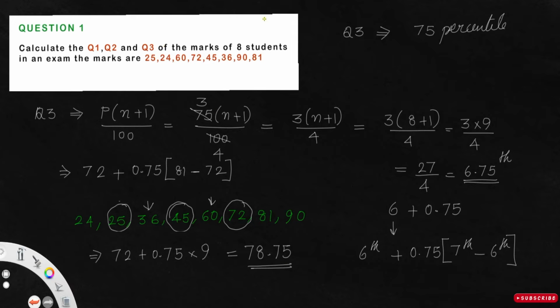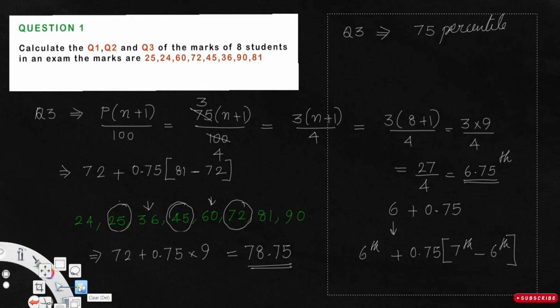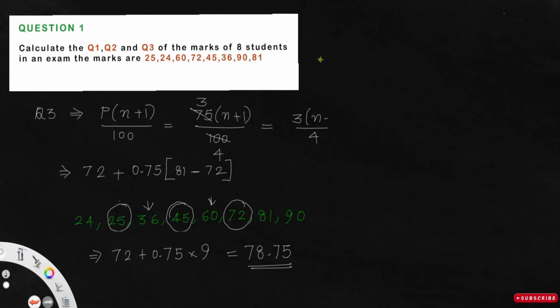See, there is another formula to find the quartile. In this example, we have Q1 equal to the 2.25th item. If you can use the formula, you won't get confused. Or there is another formula. Q2 is actually 2 times Q1.